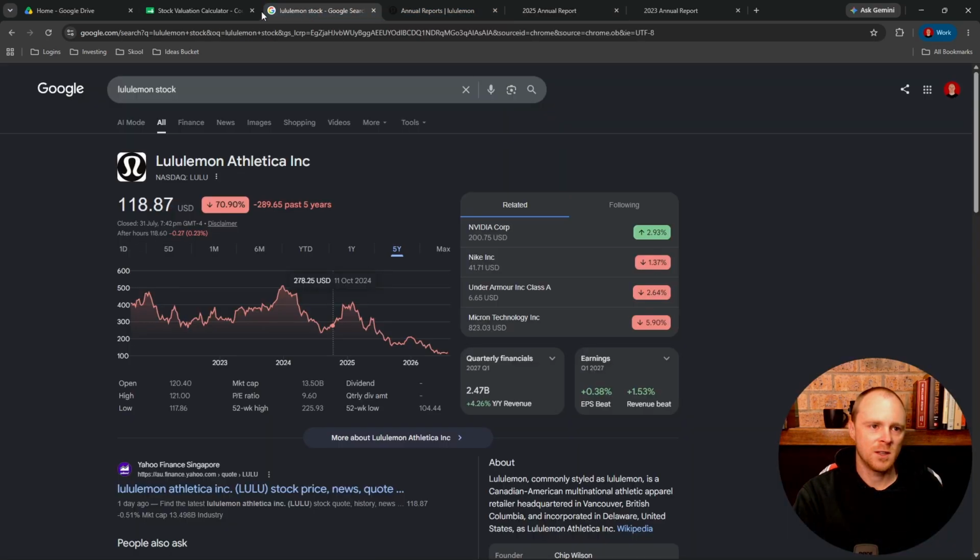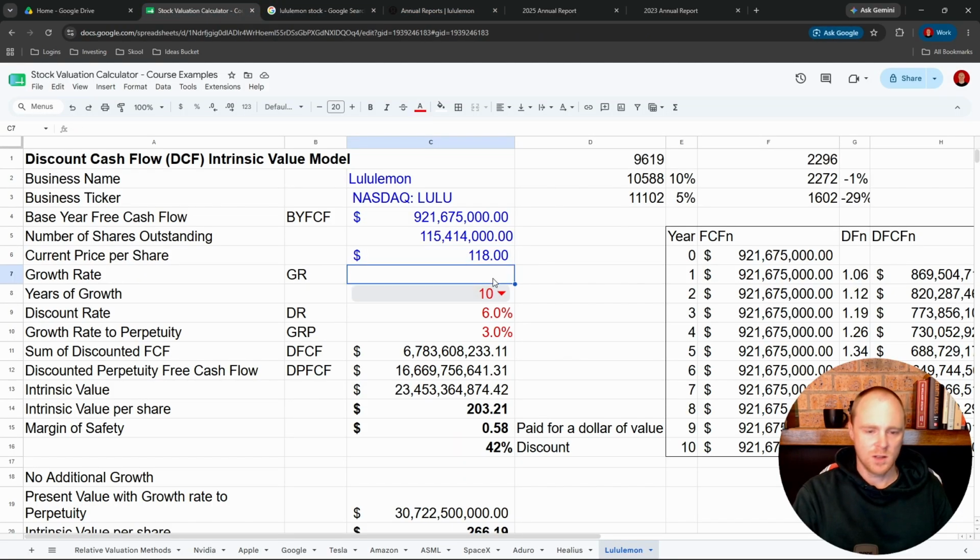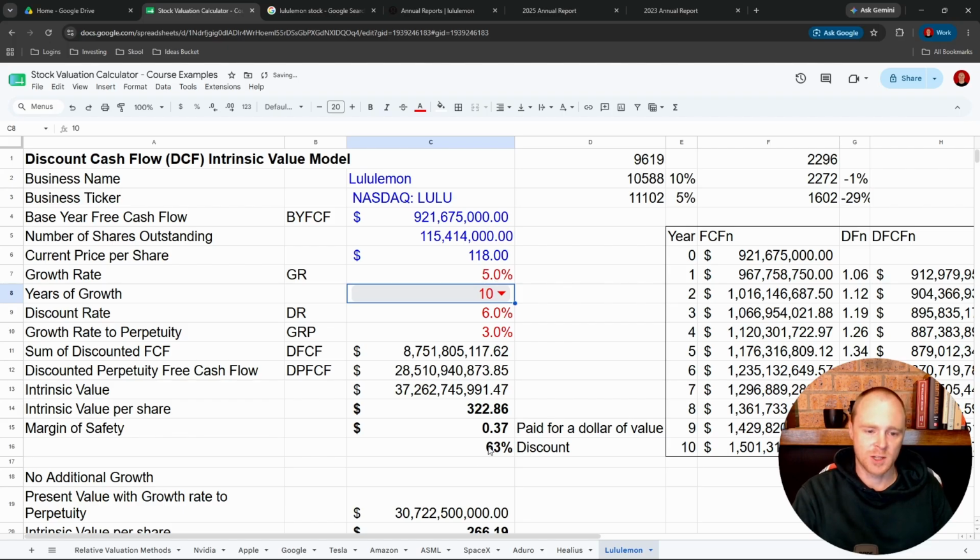And it just means that this stock, even if it continues to grow in revenues by 5%, and that would be on the rosy side of estimates, in time, if that continues to flow down into the cash flow of the business, and we do see that 5% growth there, we're paying 37 cents for $1 of value.